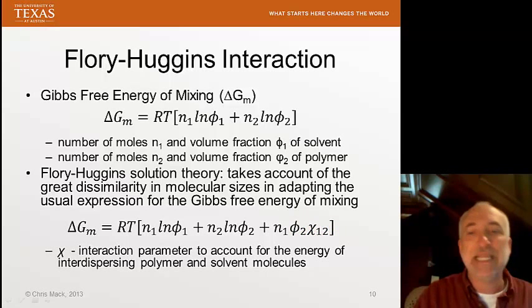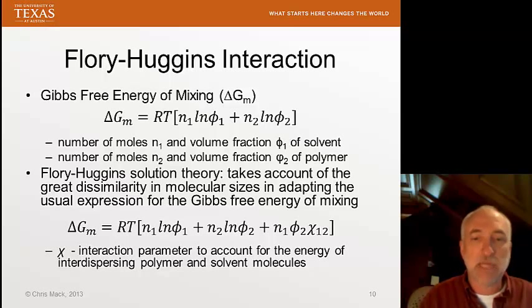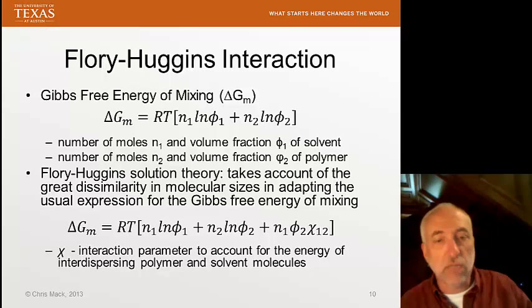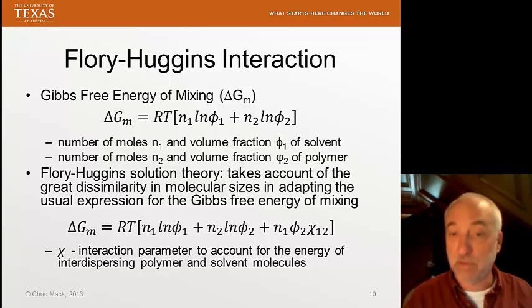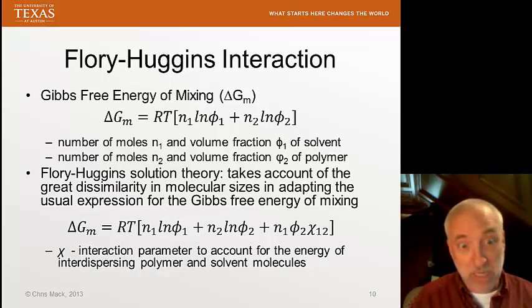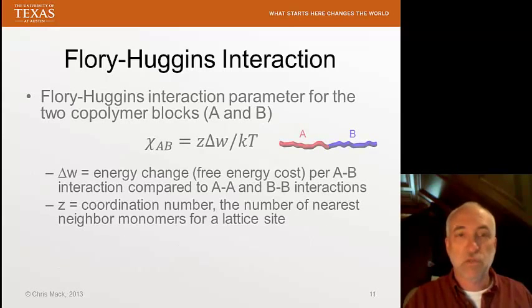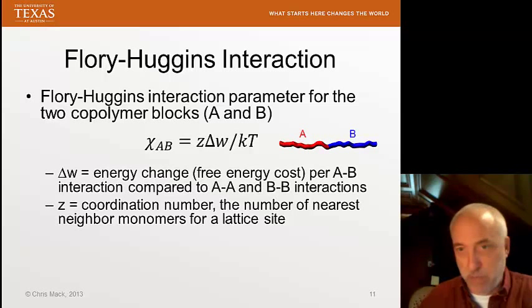Chi12 is the interaction parameter between the solvent 1 and the polymer 2. This takes into account the energy required to interdisperse the polymer and the solvent together. Now that might be a positive number or it might be a negative number depending on whether the solvent likes the polymer or not. So what determines this interaction parameter?